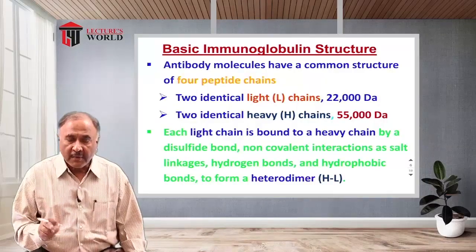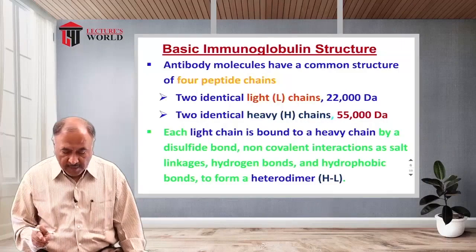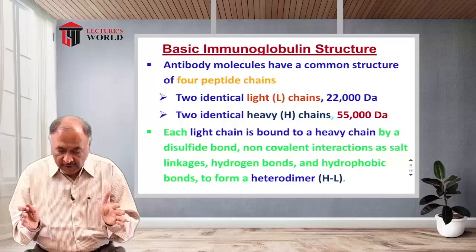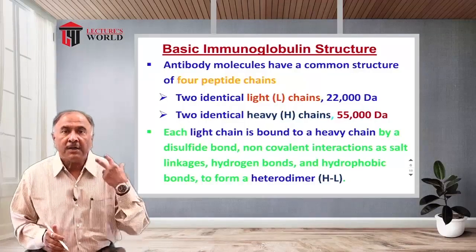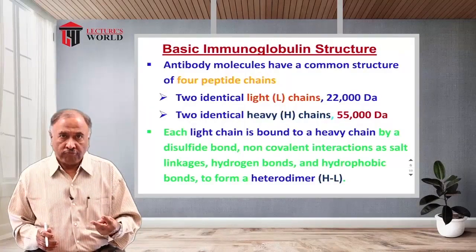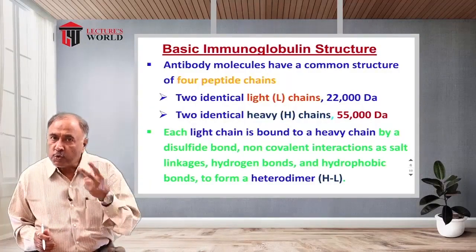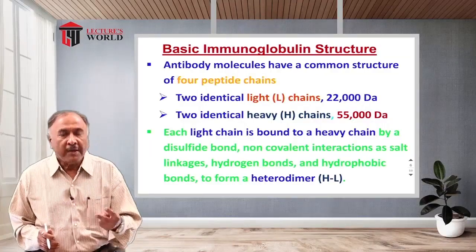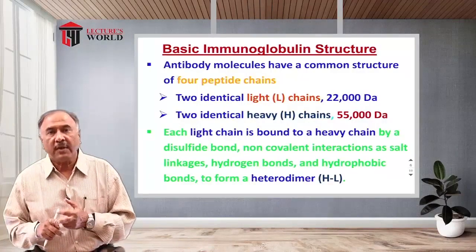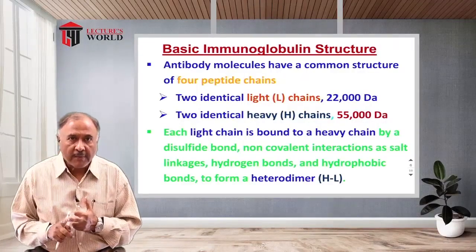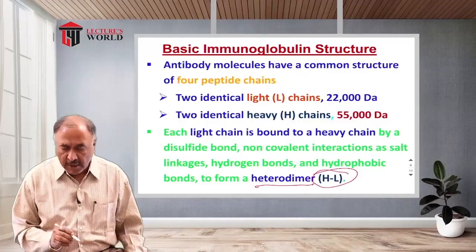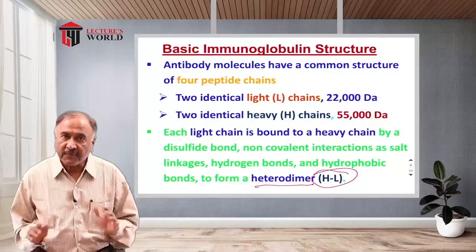Apart from disulfide bonds, non-covalent interactions such as salt linkages, hydrogen bonds and hydrophobic bonds bind light and heavy chain together, and form a heterodimer. Dimer means 2 chains together, and hetero means these 2 chains are different. One is light and the other one is heavy. So this heterodimer is known as the HL heterodimer. I hope this is clear.